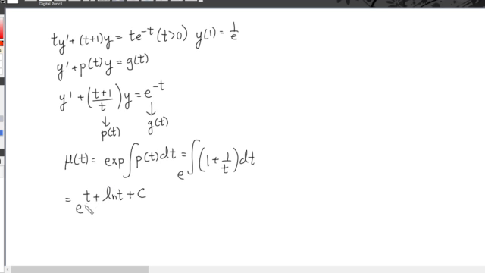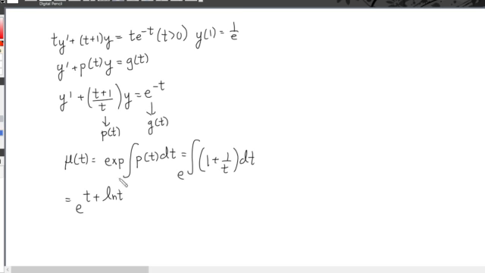Using the properties of exponents, we can multiply this all out. Actually, for now, let's ignore the c, and we can find it later.